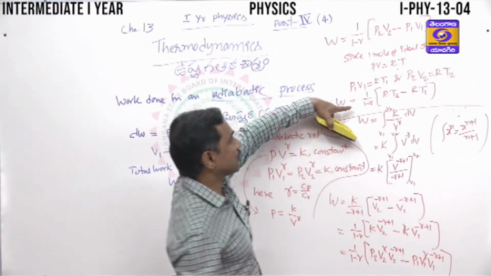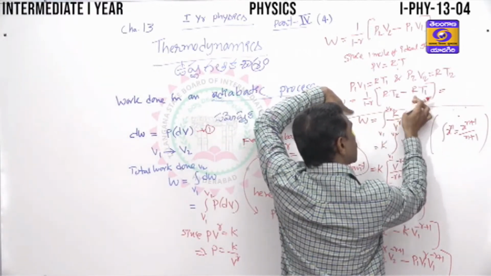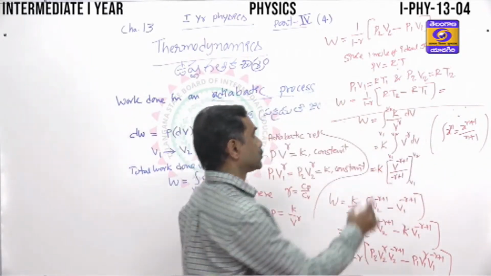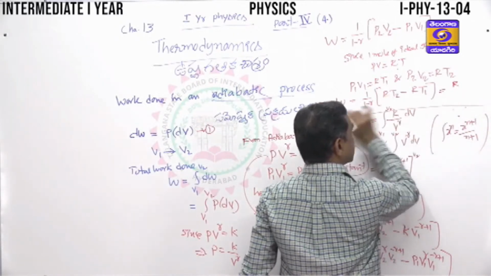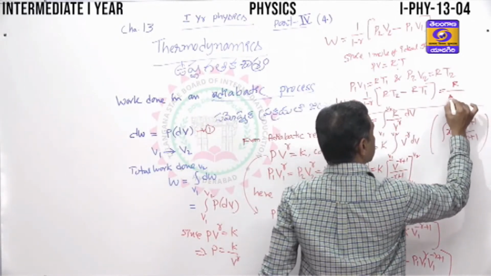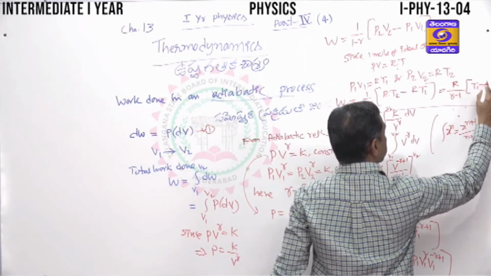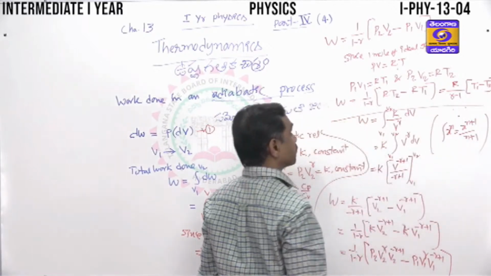So finally, for the total work done, you just see here. Take minus common, and these terms simplify. Finally, we can write R, which is a constant, taken out as common, divided by gamma minus 1, times the bracket T1 minus T2. This is the work done in an adiabatic process.